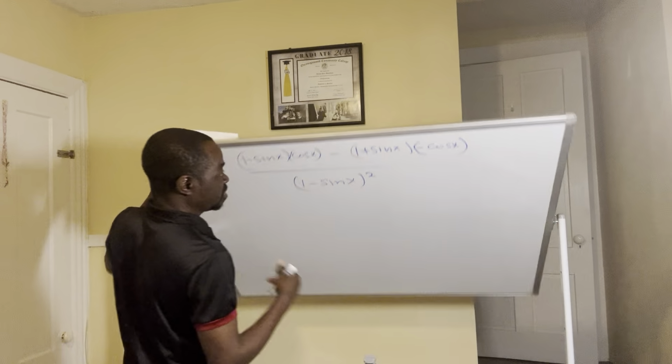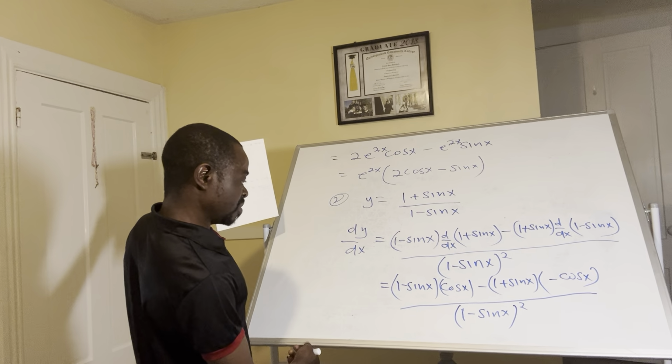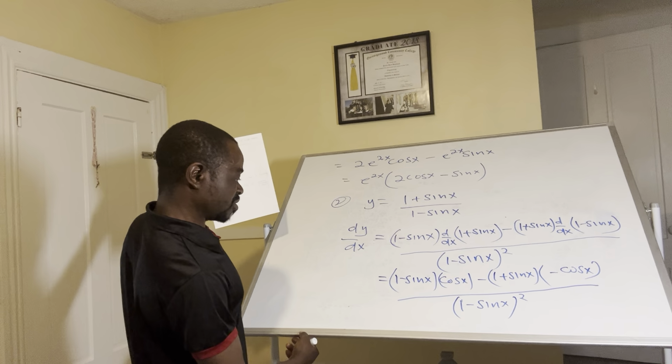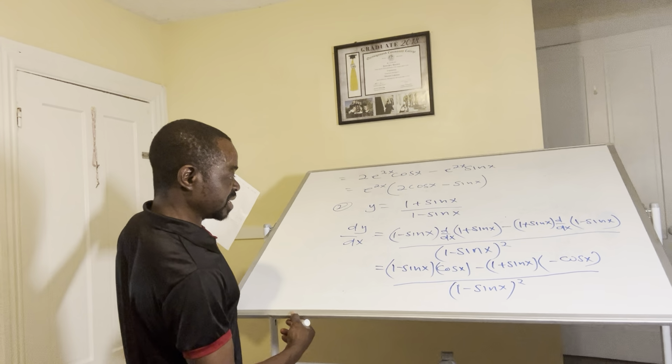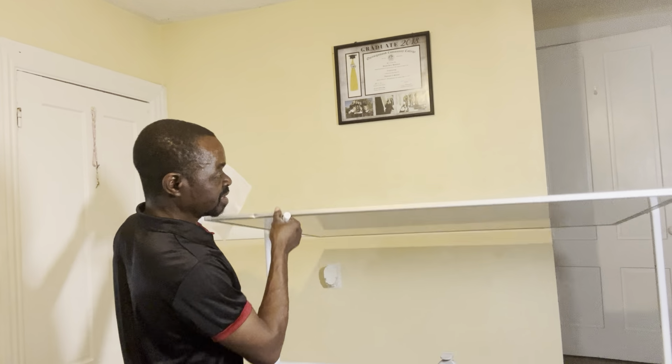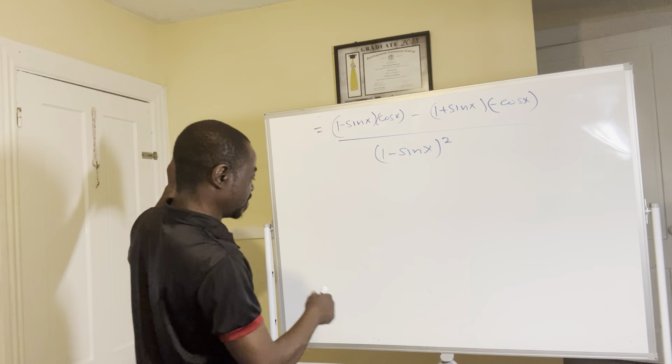Right, make sure it's the right thing. Yeah, 1 minus sine of x cos of x minus 1 plus sine of x minus cos of x. All right.